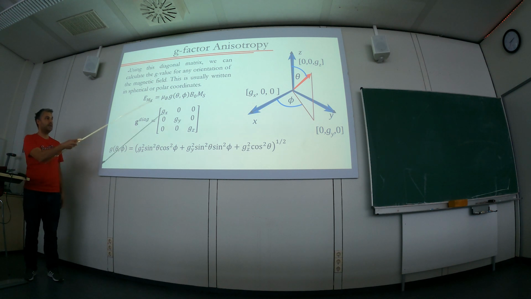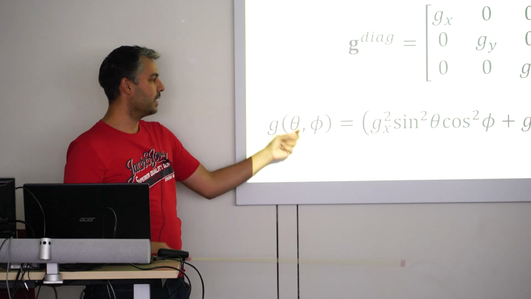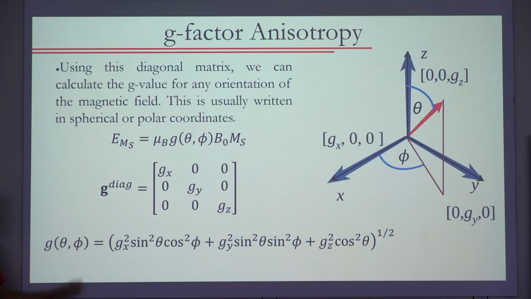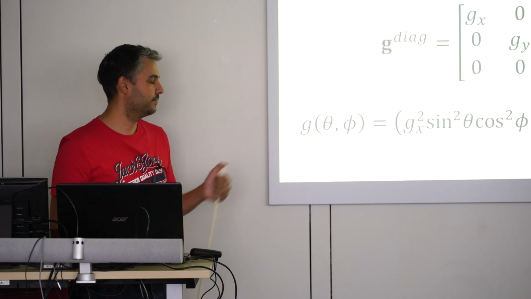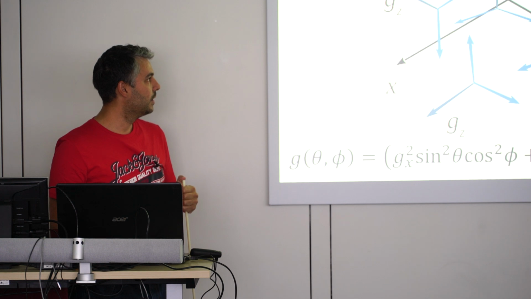In spherical polar coordinates, you can find the G value for any angle using this formula starting from a matrix. You can use this to fit single crystal EPR data. I don't think any of you is going to do single crystal EPR. I did it my whole PhD, so I will never forget it.